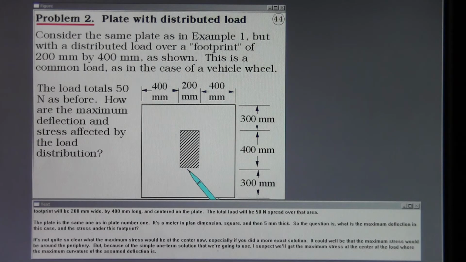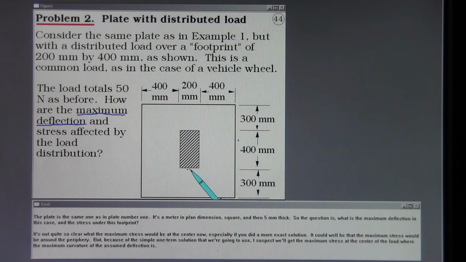The total load will be 50 newtons spread over that area. The plate is the same one as in plate number 1. It's a meter in plan dimension, square, and 5 millimeters thick. So the question is, what is the maximum deflection in this case and the stress under this footprint?